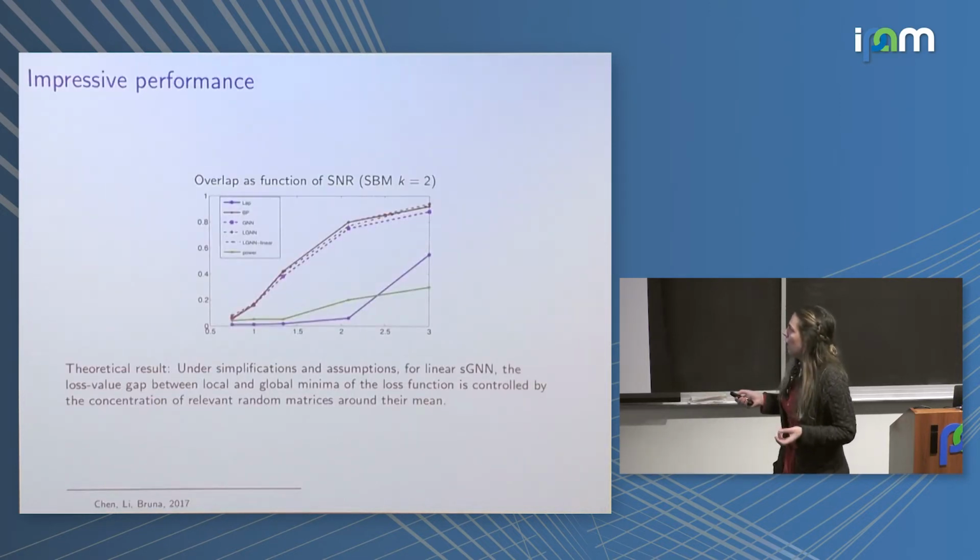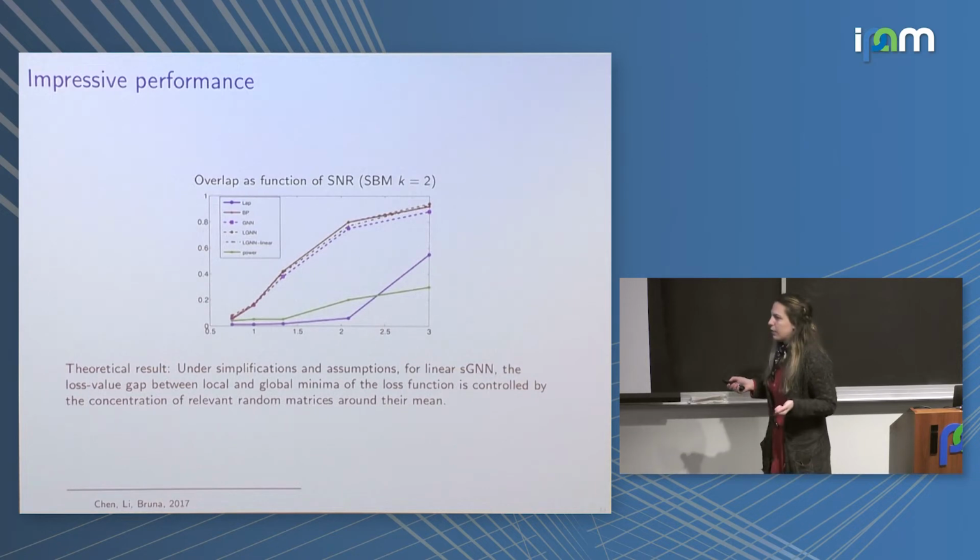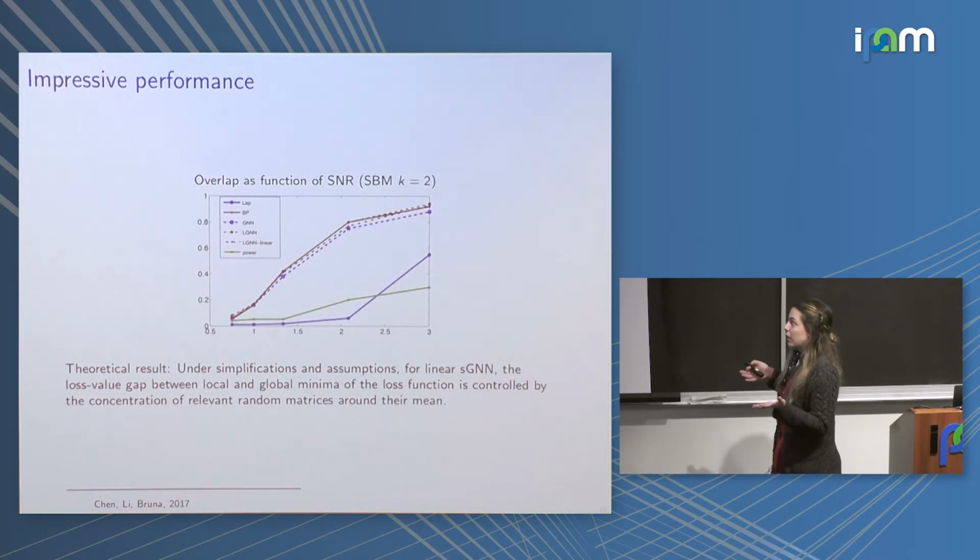So, in particular, in the case of clustering for the stochastic block model, which is what Zendao worked on, they show that the GNN performs as well as belief propagation all the way to the information theoretic threshold, empirically.